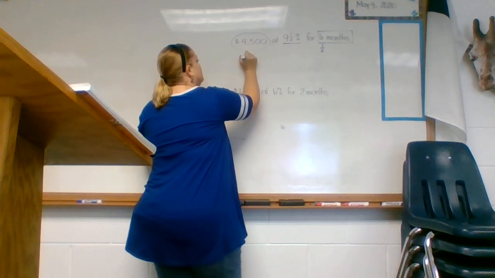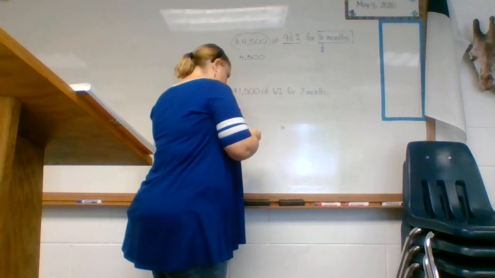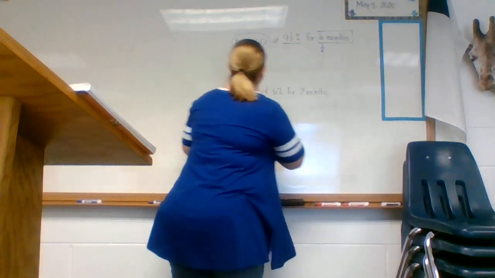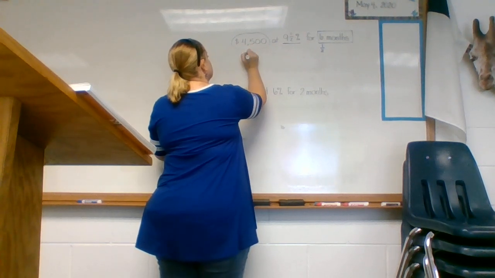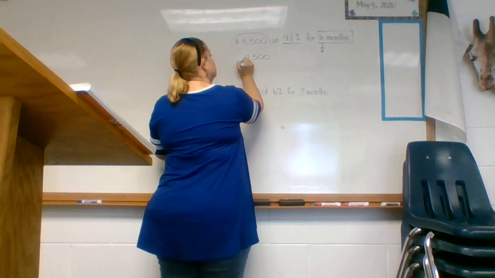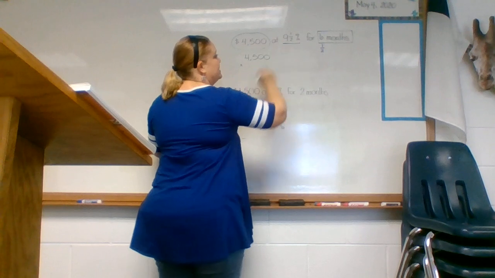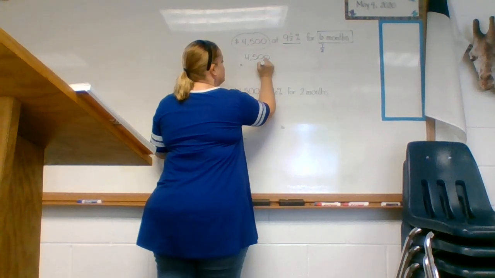So we could do 4,500. Wow, this marker is awful. Let's try a better one. Okay, 4,500, there we go, times, we could do the rate first and then the time in terms of years, or we could do the time first, which I'm going to do.